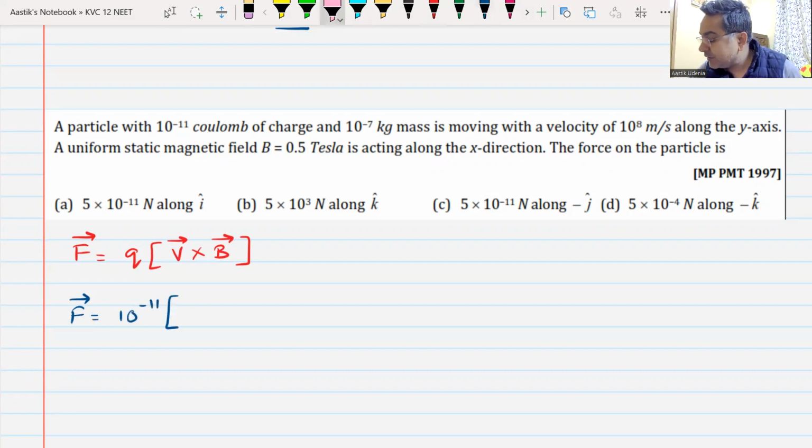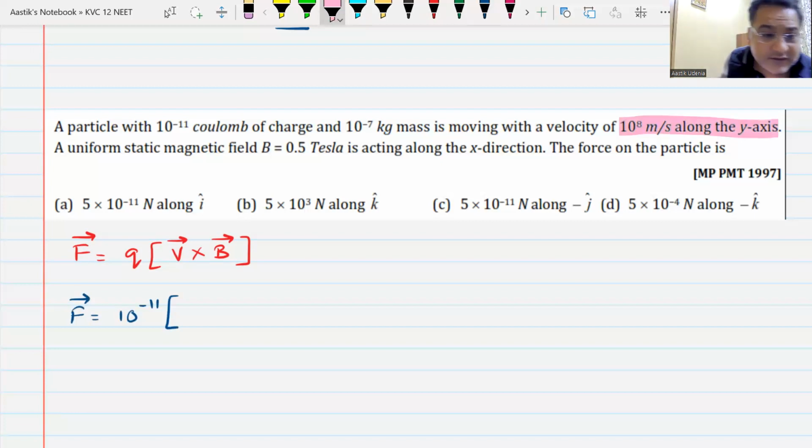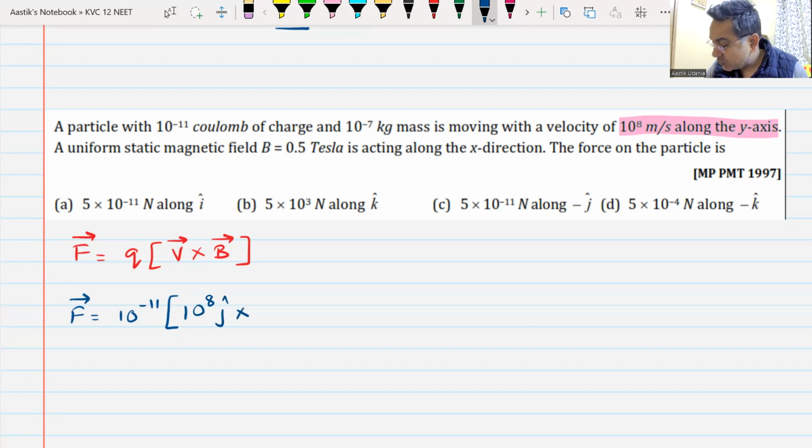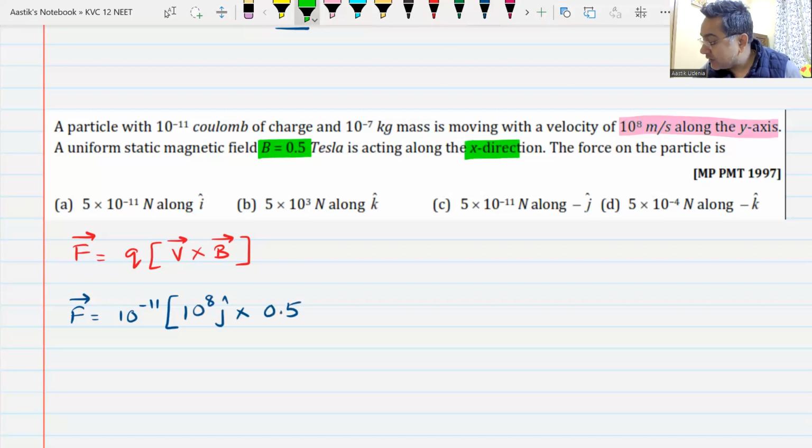Velocity is 10 raised to the power 8 meter per second along the y-axis, so you can write it as 10 raised to the power 8 J, cross. Magnetic field is given as 0.5 Tesla along the x-axis, so you can write it as 0.5 I hat.